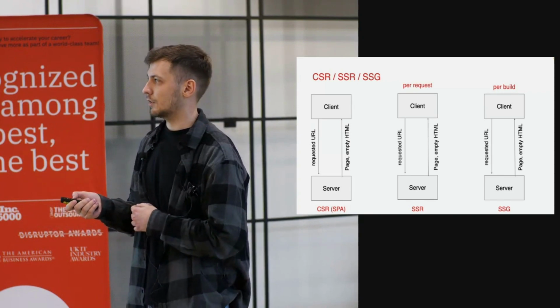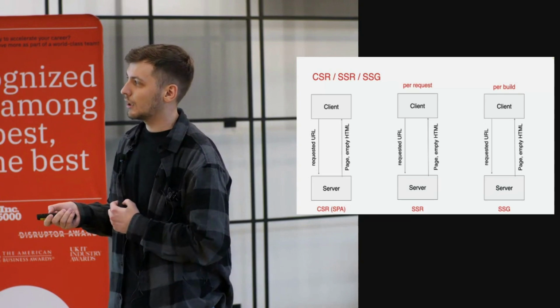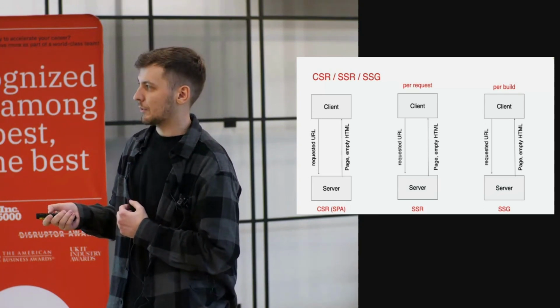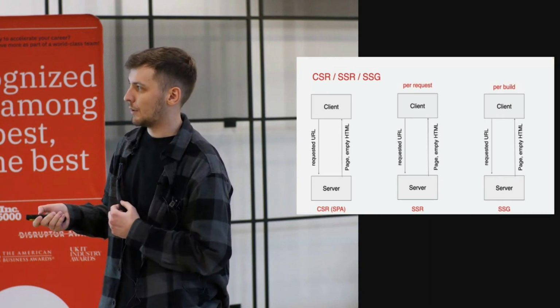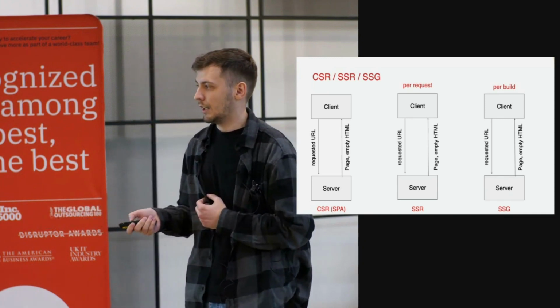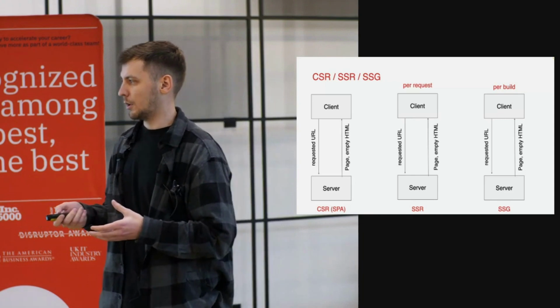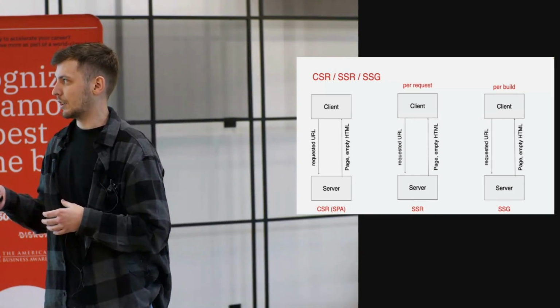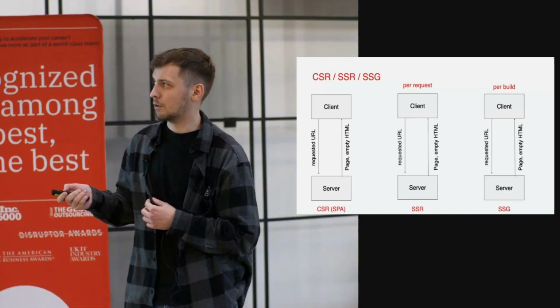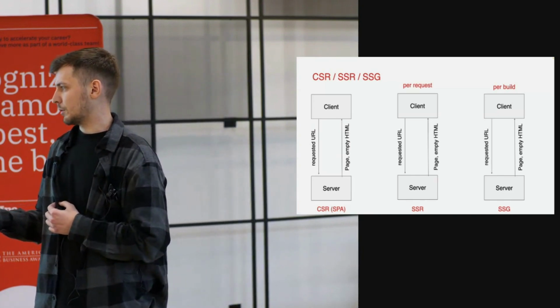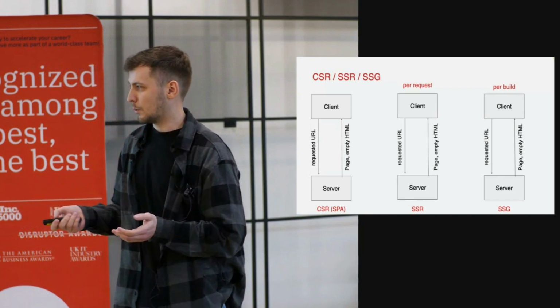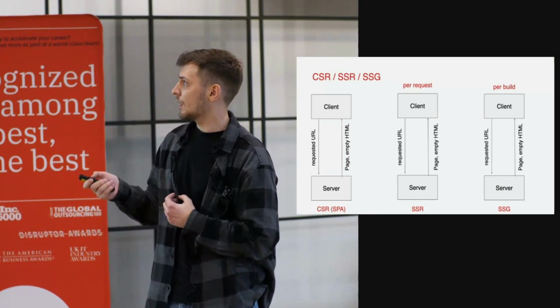So it means that our client calls the server, we request some URL for the web application, we receive the page with empty HTML, and the majority of work we do in the scope of the client side. So it means that we load all data on the client. It's one of the concepts. A single page application is one example of that case.